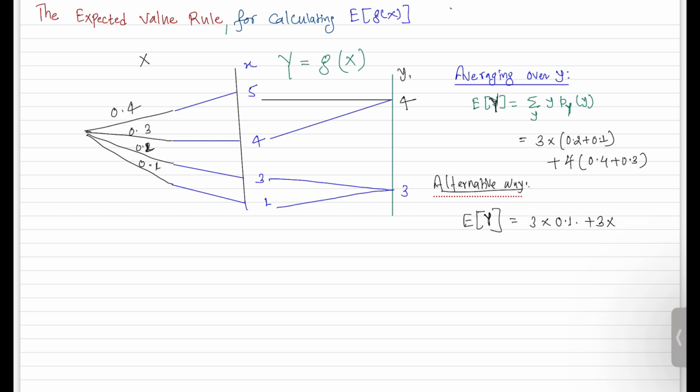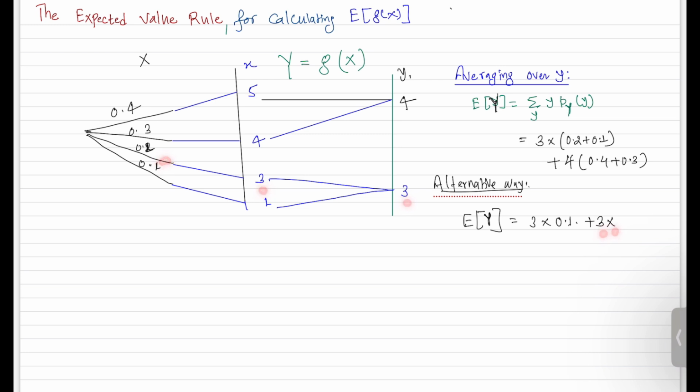So basically what we are doing is the average over x, right? Let me do it first of all, then we will conclude, then you will have a good picture. So x is taking the value 3 with 0.2 probability, and whenever x is 3, then y is 3.